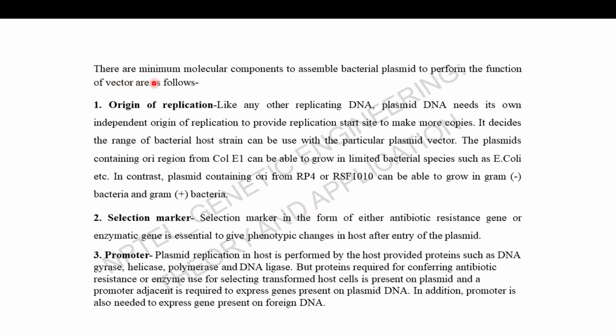Now there are some minimum molecular components that bacterial plasmids need. They are very commonly and regularly used in genetic engineering and cloning. Cloning is wherever we want to insert any gene of our interest into a foreign organism or foreign cell.